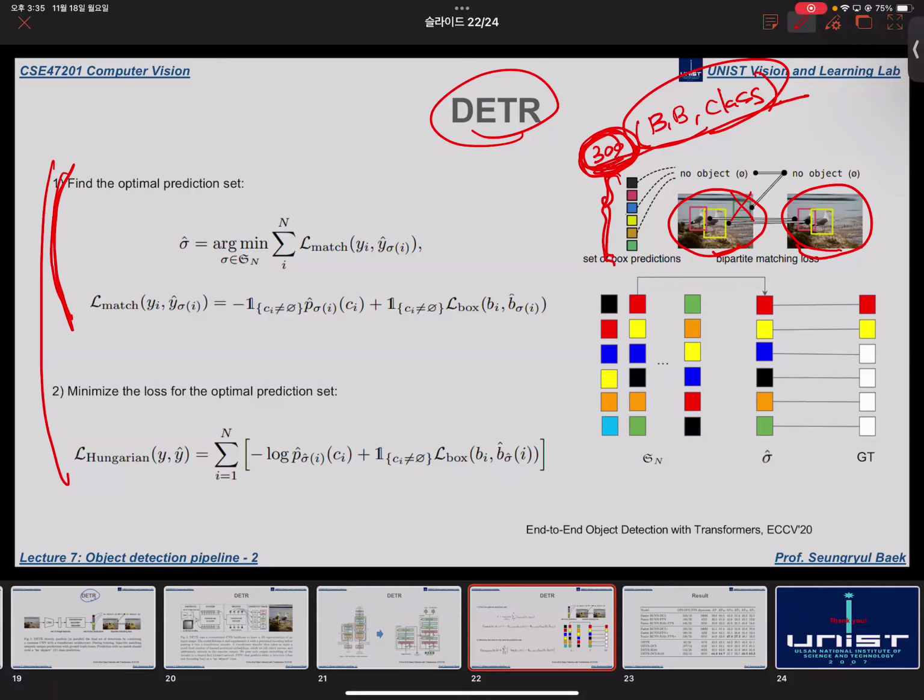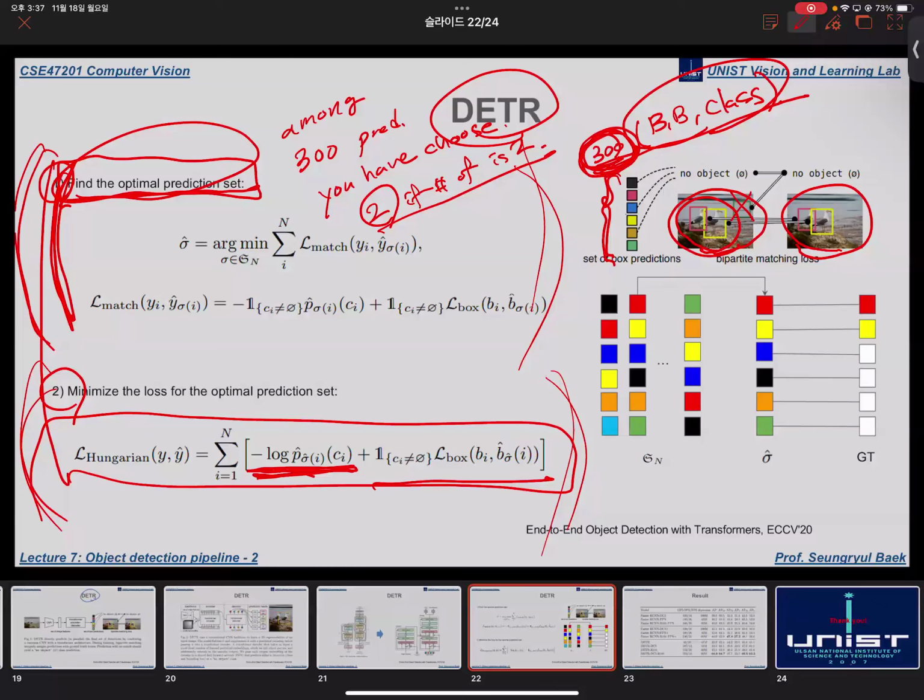So in DETR training, these 2 things are happening, and here that is explained. Among all the configurations, this is showing sigma n. If you have n predictions, by shuffling them you can make 300 factorial combinations for those 300 predictions.